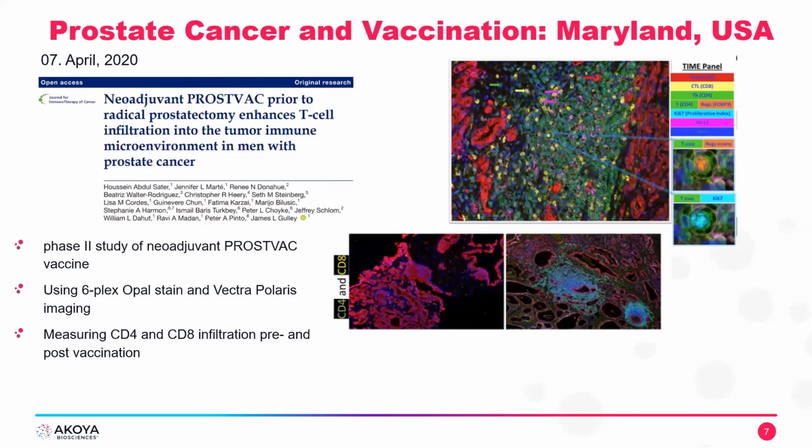So what they did was they used the ProstVac and analyzed finally different immune markers to see if they find an increase or a decrease around the tumor in the invasive margin or in the prostate gland itself.